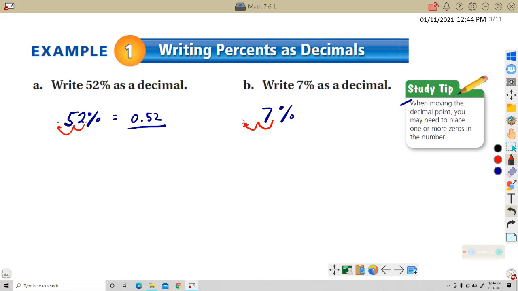Now you're going to have to use a little imagination, right? There's our decimal. What do we put in that empty space there? We put a 0. Okay, because when we're dealing with decimals, we're filling in from the left to the right, so we need to put a 0 there. So 7% is 0.07. All righty, pretty easy, I think.